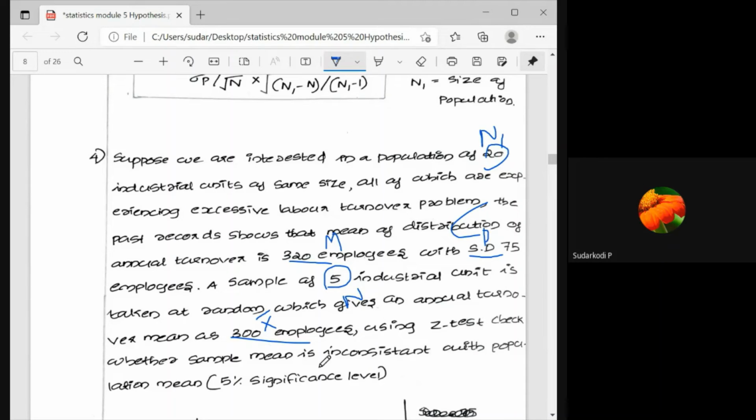Using Z-test, check whether the sample mean is consistent with population mean at 5% significance level. So we have to read the questions, what all is given in the question. Since population size is given, we have to go for the second formula. Right? Noted?